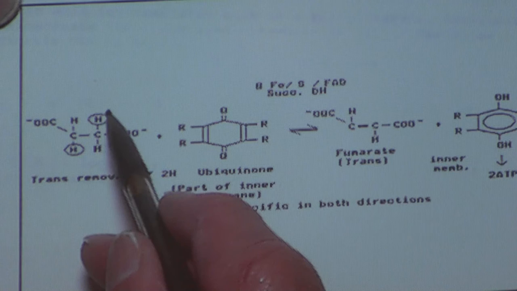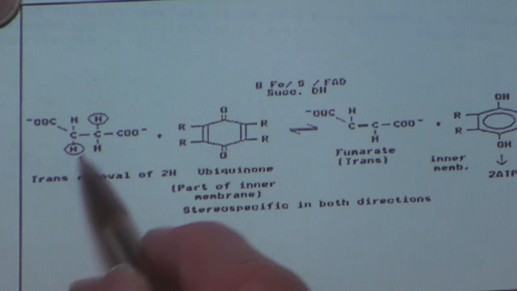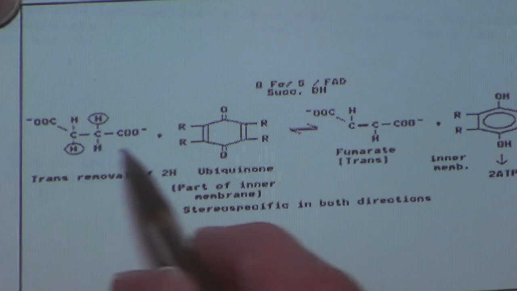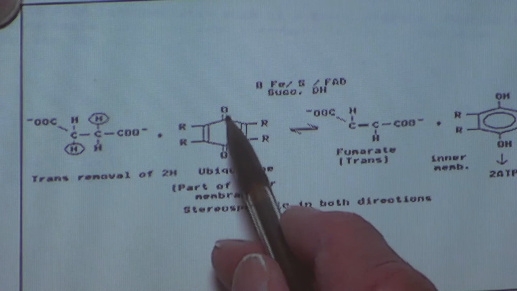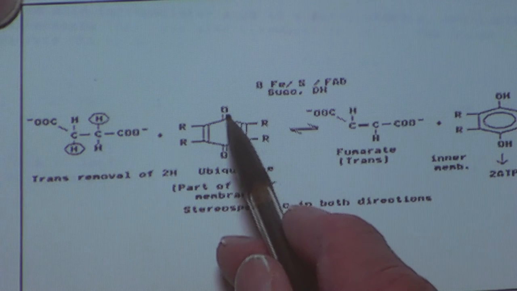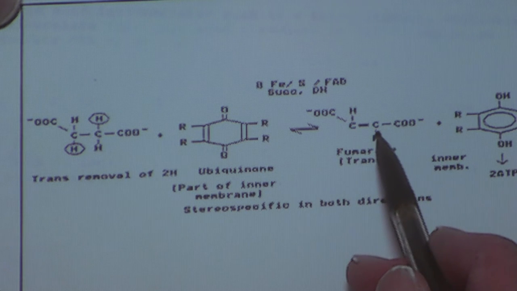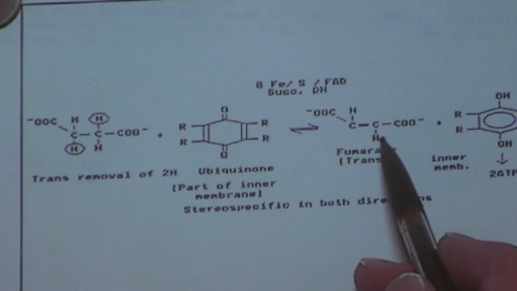So instead of removing hydrogens cis, it's very specific. It passes those hydrogens on to FAD. So these also have a double bond, and we make fumarate. Fumarate is the trans isomer.